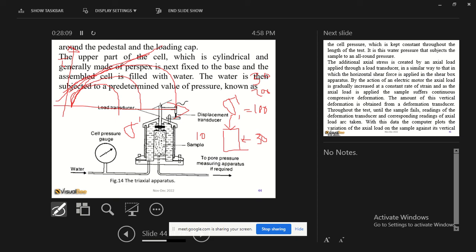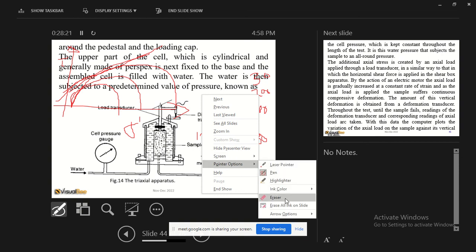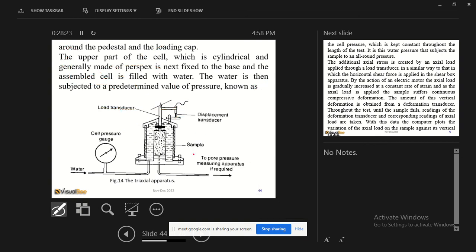Then that will take you back to the total pressure parameters, just like the direct shear box test. So this test, because of the way it is set up, results in two things. We can have an undrained test and a drained test.